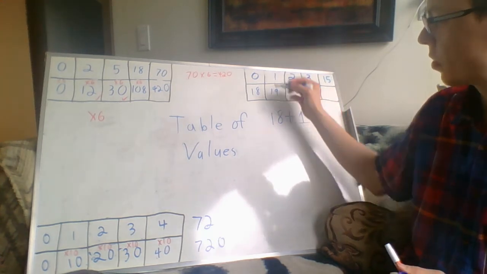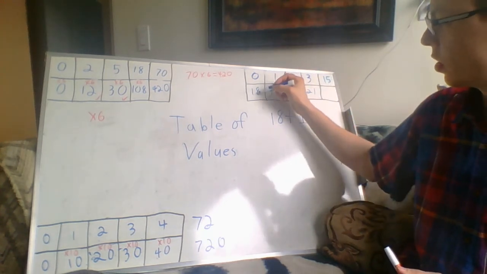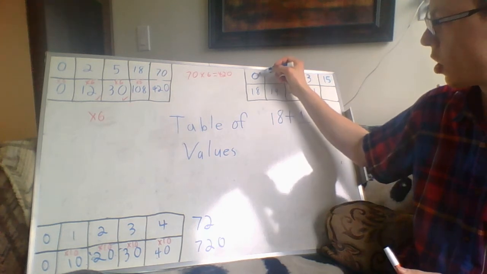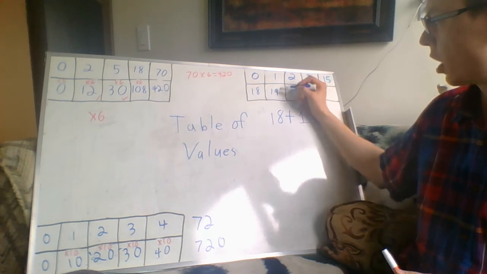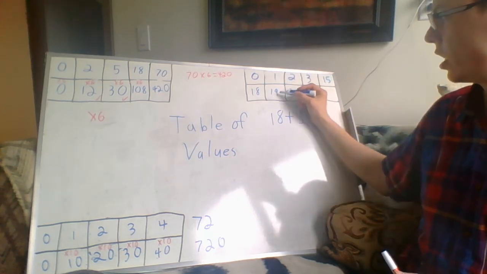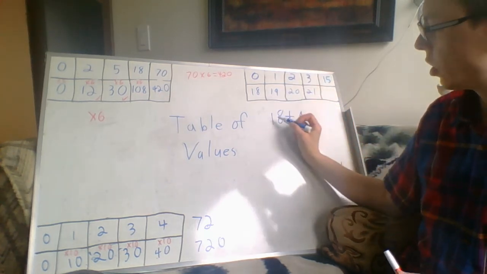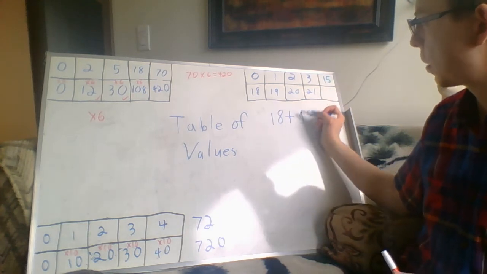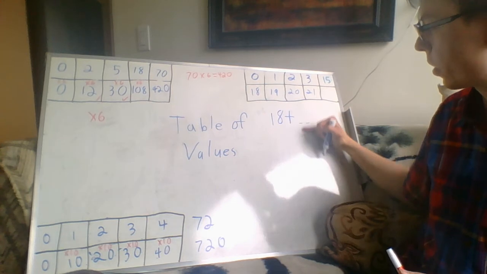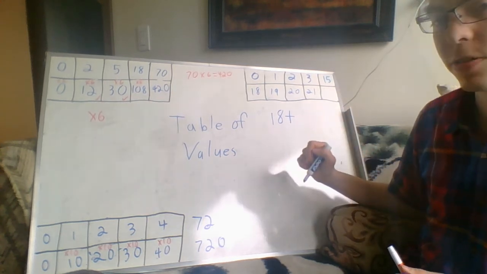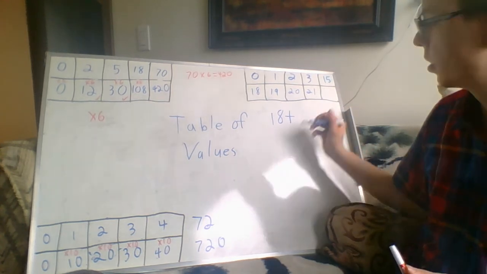So let's see. 18 plus 0 would be 18. 18 plus 1 is 19. Oh, maybe the relationship is 18 plus whatever value is up here. Okay, so I have figured out my relationship.